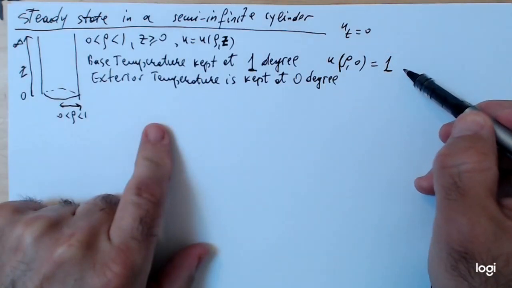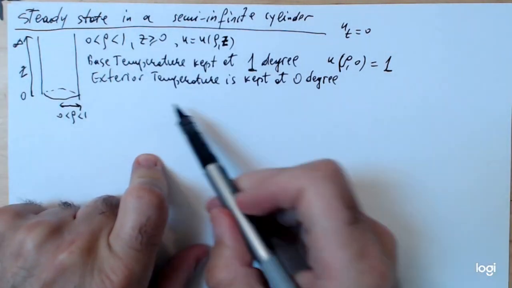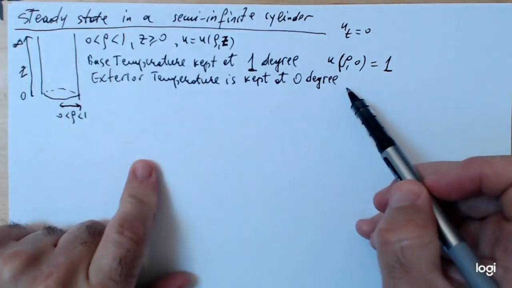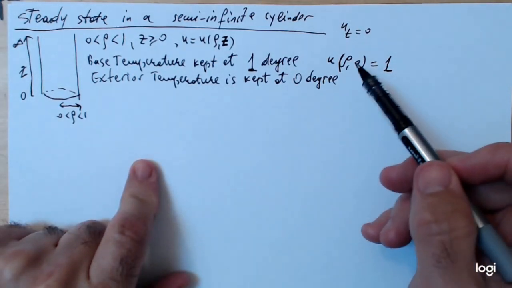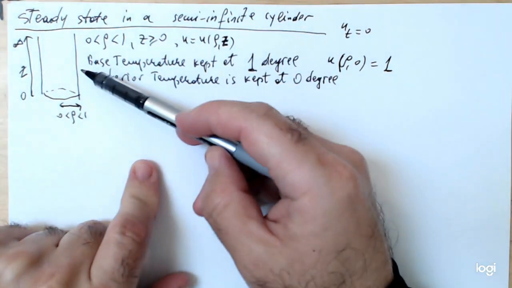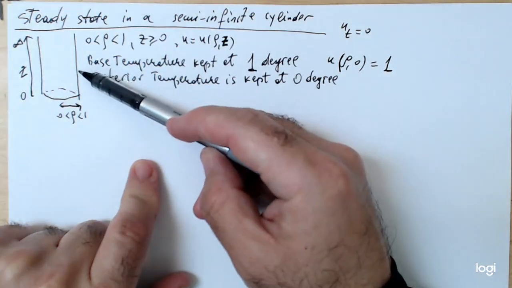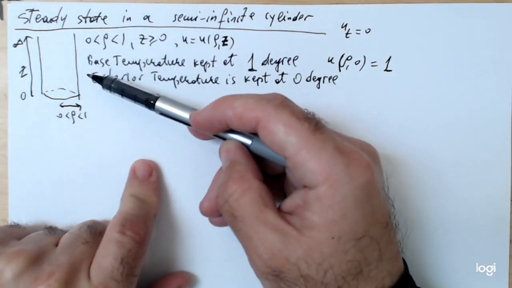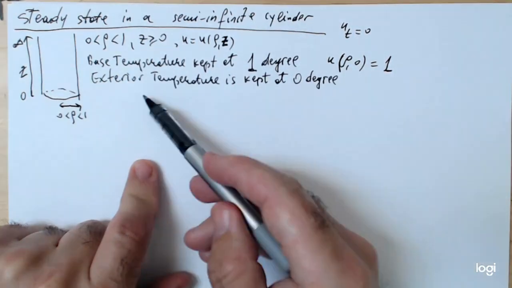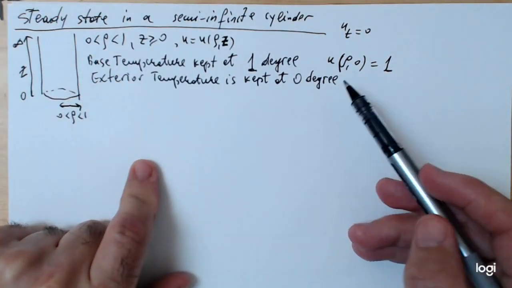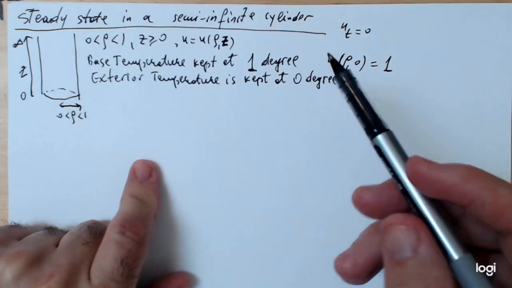which, remember, you will deal with at the end in the process. When the exterior temperature is kept at 0 degrees, that suggests that we assume the heat exchange between the surface of the object and the exterior temperature according to Newton's law of cooling. So the boundary condition here comes from what we just discussed in the previous part.